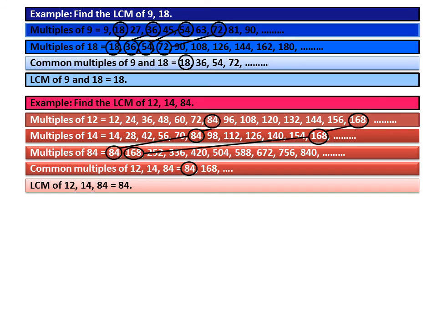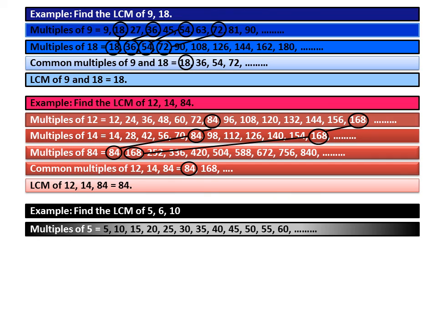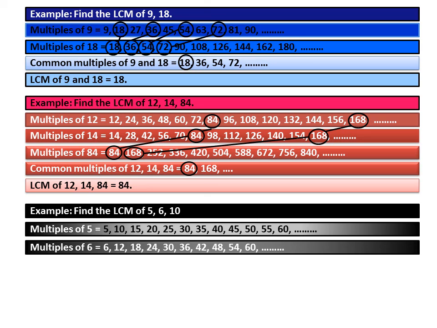Now let us solve one more example. Find the LCM of 5, 6 and 10. Everyone knows the table of 5, 6 and 10. So multiples of 5 are 5, 10, 15, 20, 25, 30, 35, 40, 45, 50, 55, 60 and so on. Multiples of 6 are 6, 12, 18, 24, 30, 36, 42, 48, 54, 60 and so on.